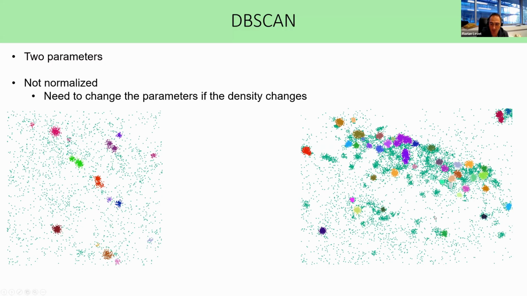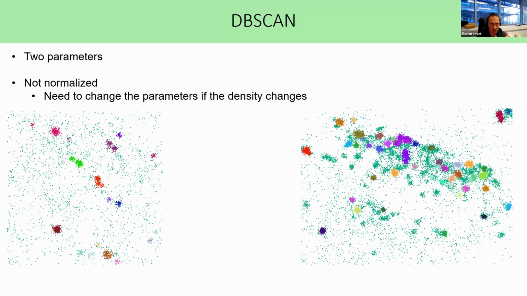So DB-scan is certainly the most used technique for segmentation in the field. This is because you have two parameters, so you can really fine-tune your parameters in order to manage to do your segmentation. But then two parameters is still annoying because you can change the two parameters, meaning that you have sets of parameters that will be different but end up with the same result.